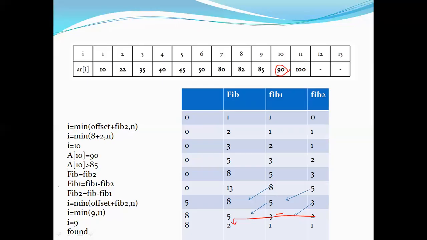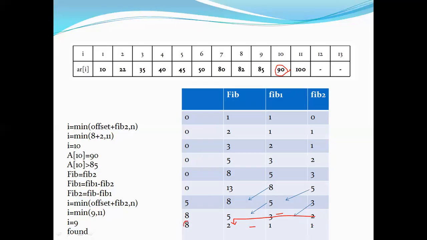And fib2 is equal to same operation, 2 minus 1, that is equal to 1 here. And offset will be no change. If it is greater than, there will be no change.